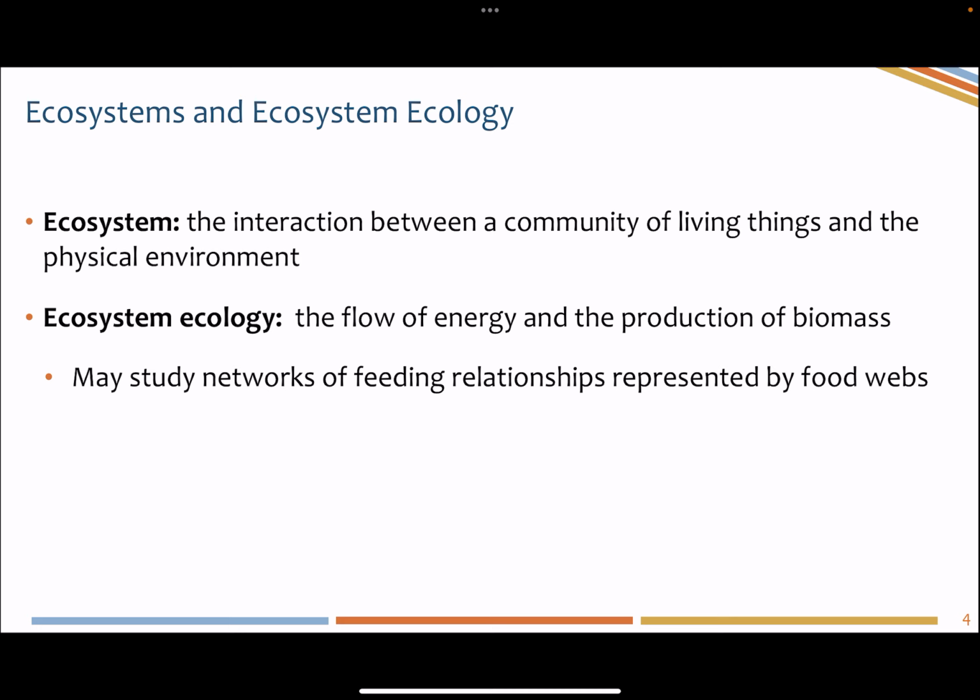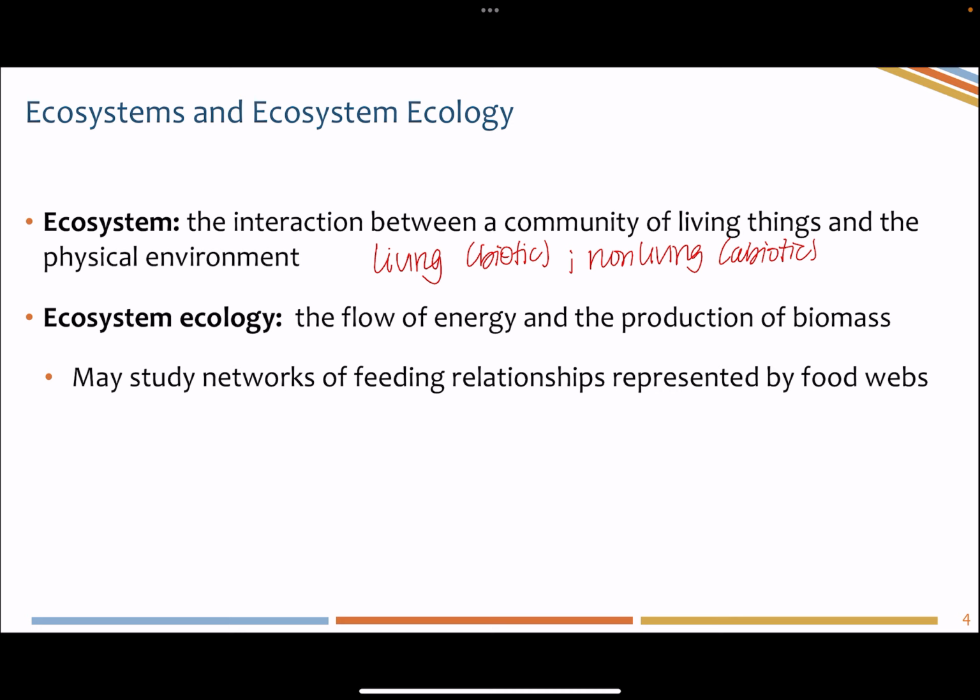So we're going to be looking at both the living or the biotic aspects of a community, and also the non-living or abiotic aspects of a community. And most of what we're looking for when we study community ecology is actually the flow of energy, potentially the flow of nutrients through that particular system.